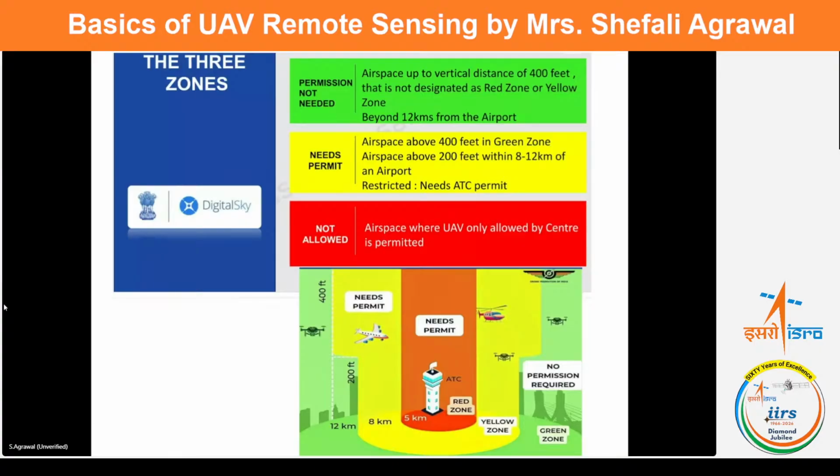But there are certain challenges, or you can say aspects, to it: the regulations, the payload limitations, data processing requirements. But I would say in the near future, there will be smarter drones which can be integrated with other ground sensors, IoT platforms, and use AI ML algorithms for onboard data processing.